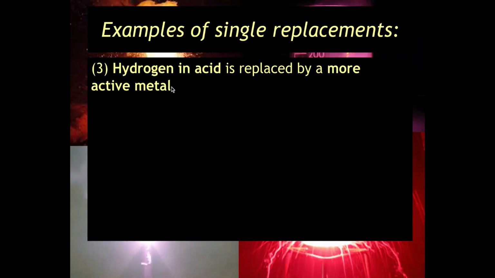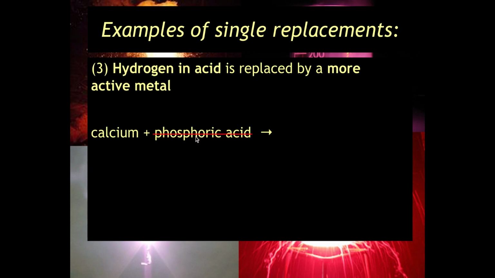All right, another case to know about. Hydrogen, when it's placed in acid, is replaced by a more active metal. So here's an example. Say you've got calcium plus, and notice this word has the word acid in it. So calcium plus phosphoric acid.